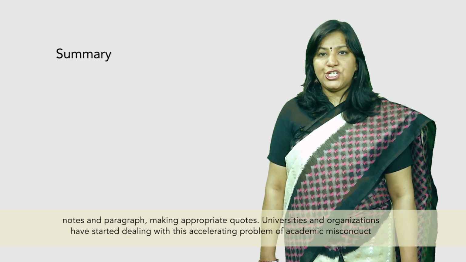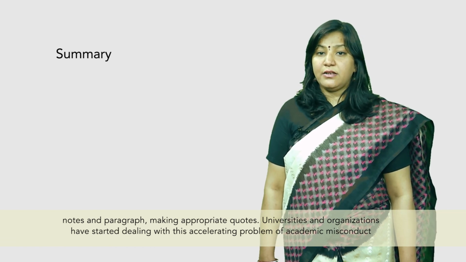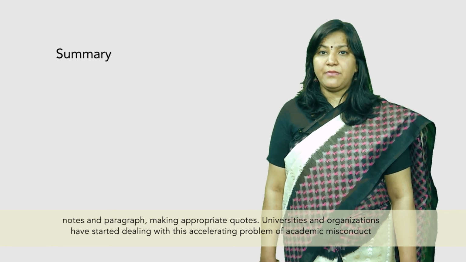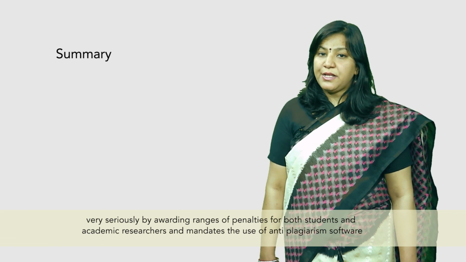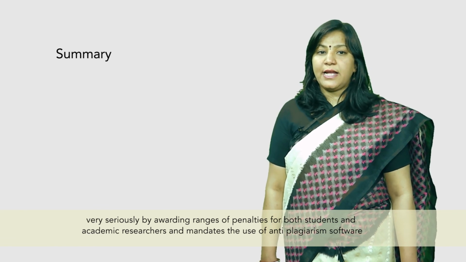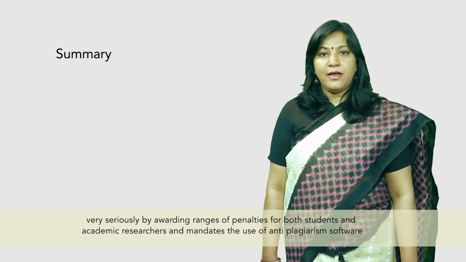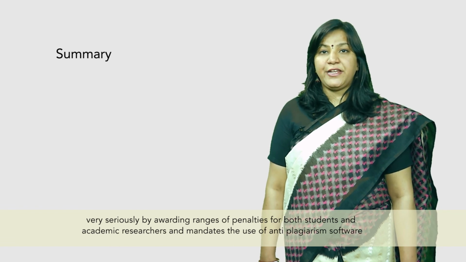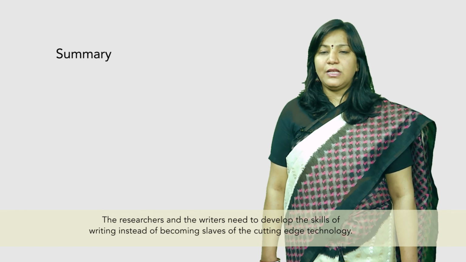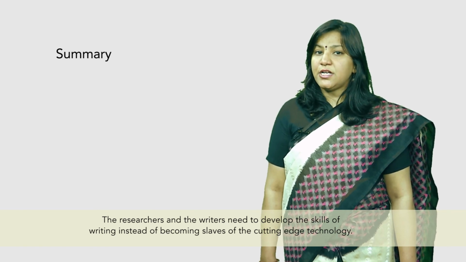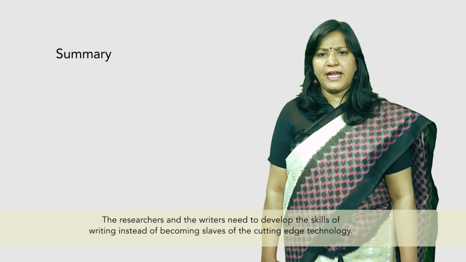Universities and organizations have started dealing with the accelerating problem of academic misconduct very seriously by imposing a range of penalties for both students and academic researchers and mandating the use of anti-plagiarism software. The researchers and the writers need to develop the skills of writing instead of becoming slaves of cutting-edge technology.